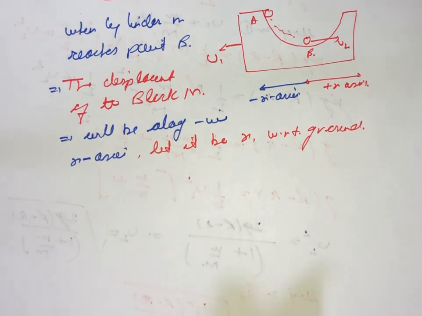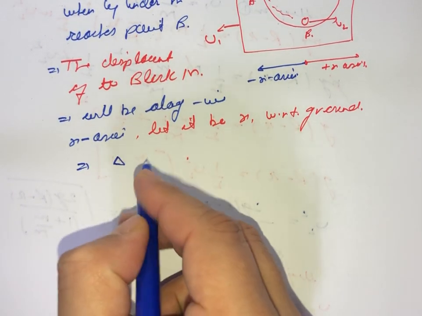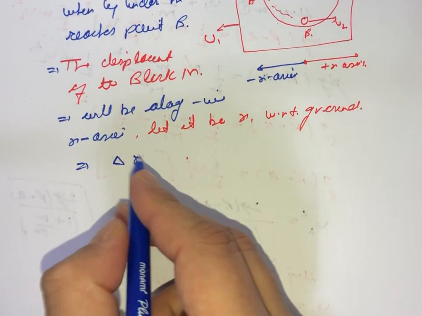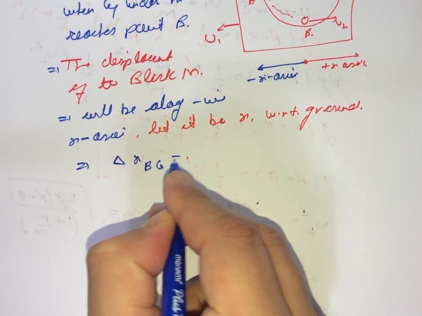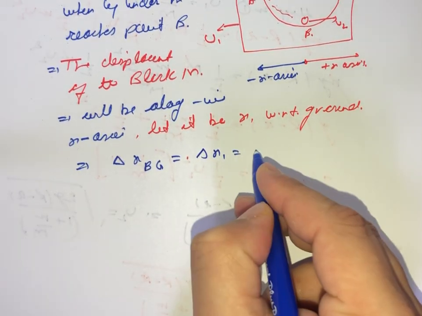So from here we can say that the change of position of the block with respect to ground, let us suppose delta x1, will be equal to minus of x1.